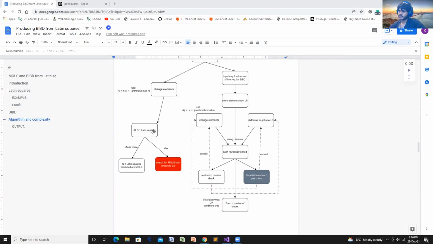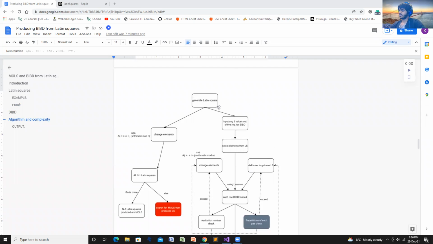If n is prime, then all the n-1 Latin squares formed will be mutually orthogonal. And if n is not prime, then we'll have to search for the mutually orthogonal ones, and it is marked red because it has not been worked upon.